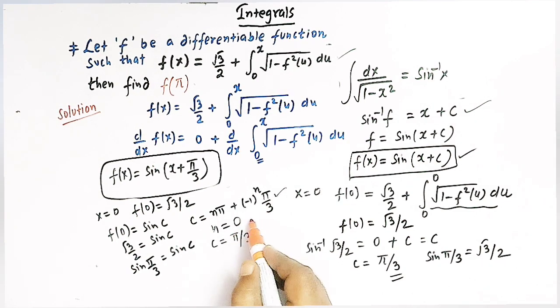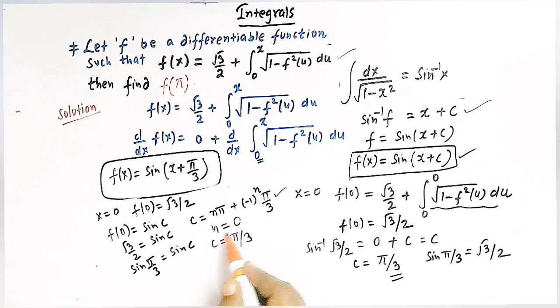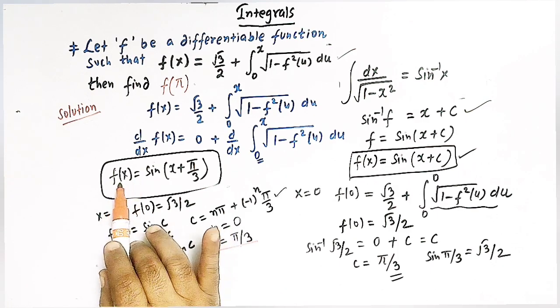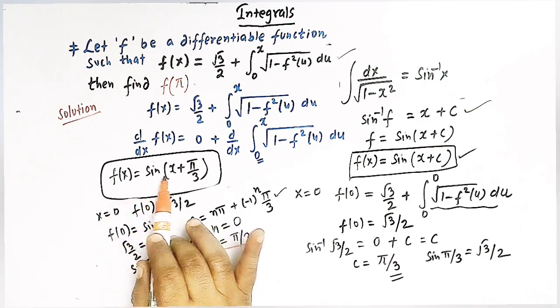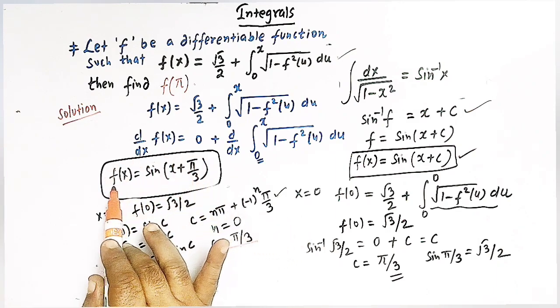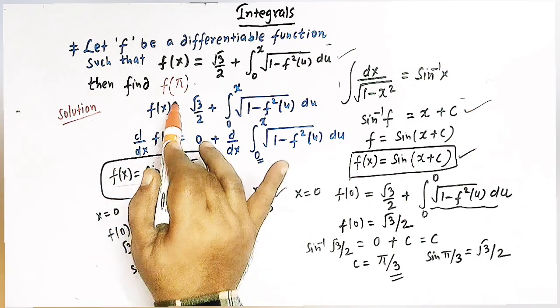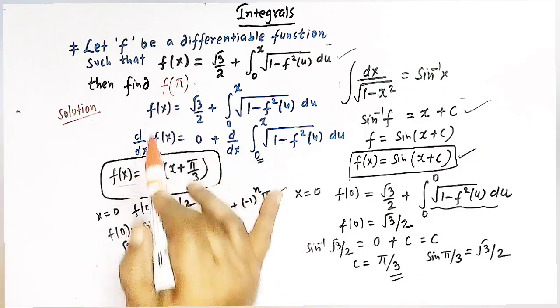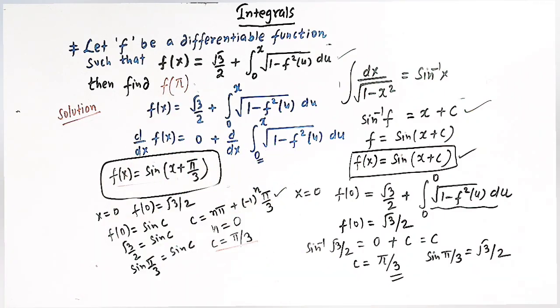So in the present case, we have just taken n is equal to 0, and corresponding to n is equal to 0, we have c is equal to pi by 3, and our function is given by f of x is equal to sine of x plus pi by 3. So accordingly, using this relation, we have calculated the value of f of pi.